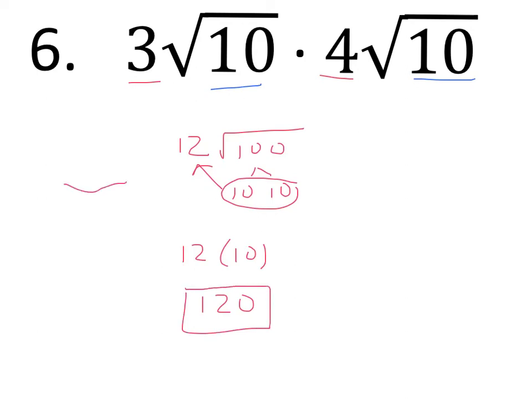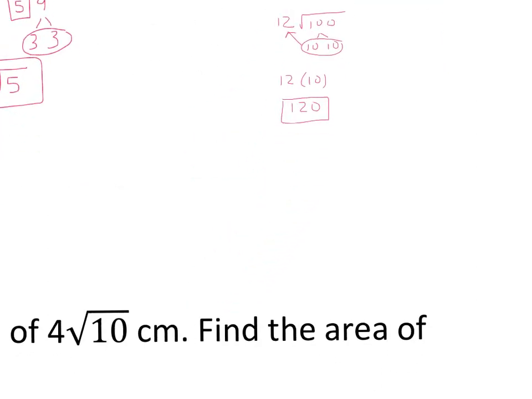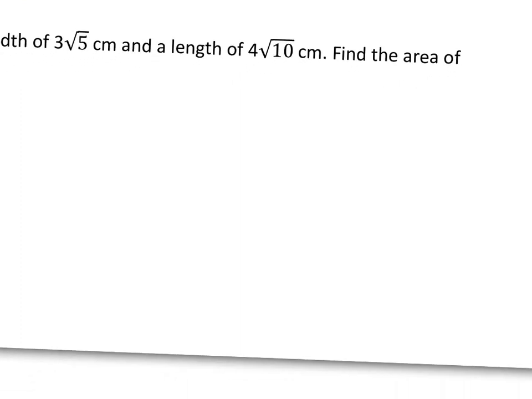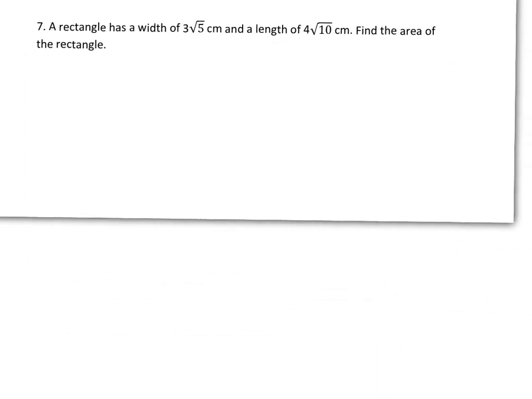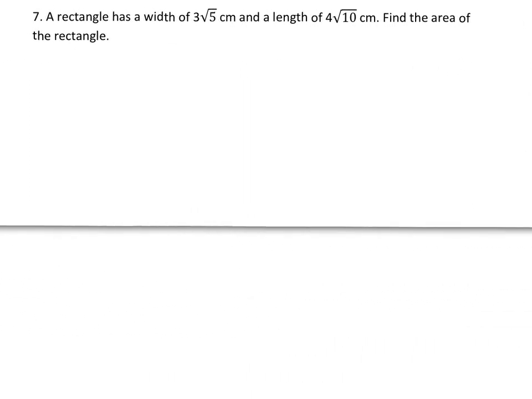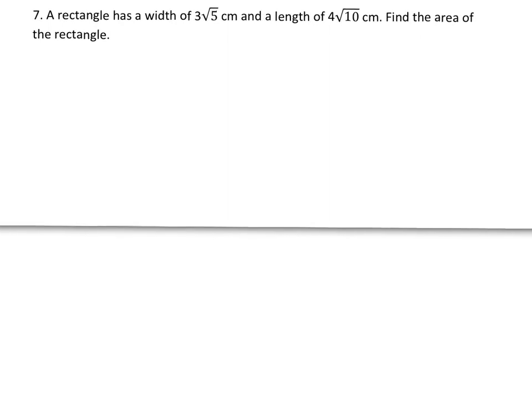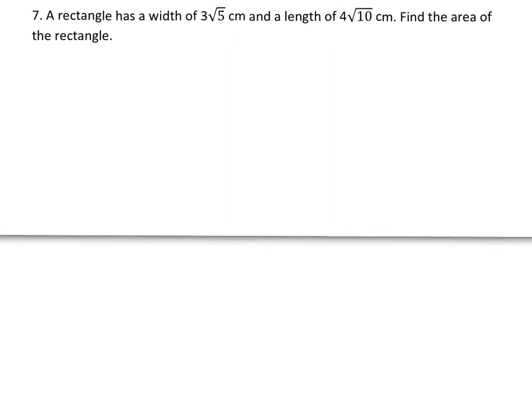Let me erase that real quick. All right, let's move down and look at example 7. Okay, so example 7 says a rectangle has a width of 3 root 5 centimeters and a length of 4 root 10 centimeters. Find the area. All right, and we know that area is length times width.